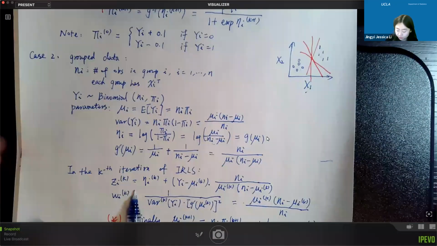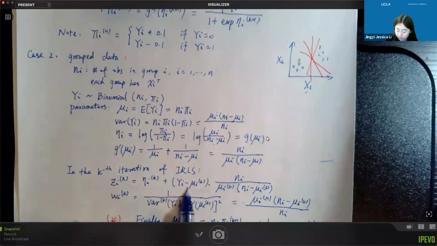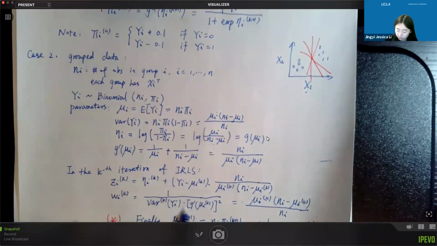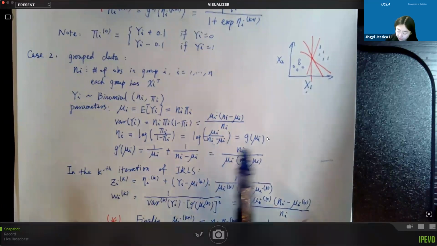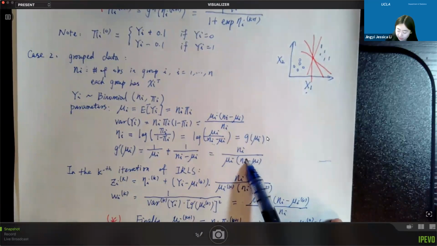In the kth iteration, we still use that formula for the working dependent variable. So we can get zik equals eta ik plus yi minus mu ik times g prime mu i at the current value. For the weights, it's still this formula. We need the variance of yi at the current values and also the square of g prime mu ik. So we see the variance is of this form, and g prime mu i is directly its inverse.